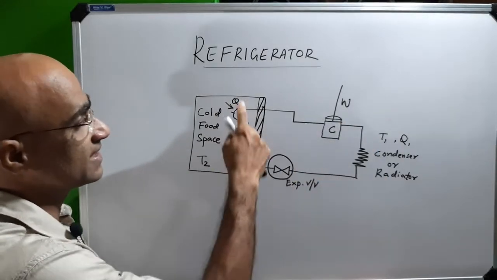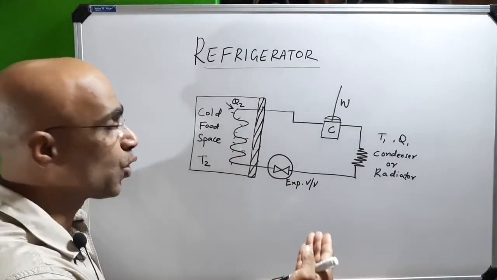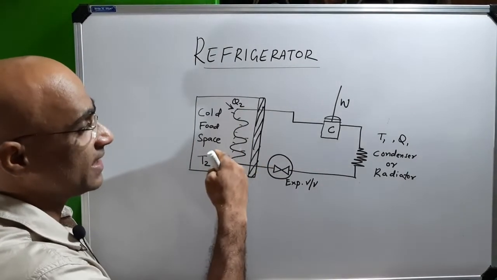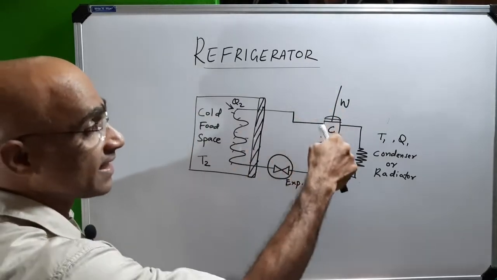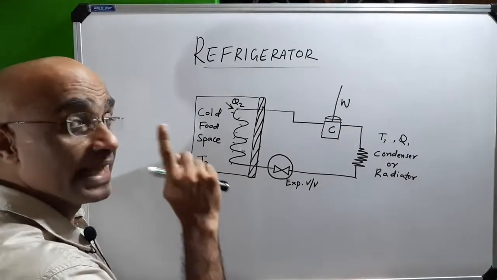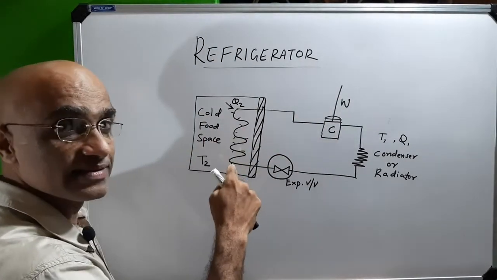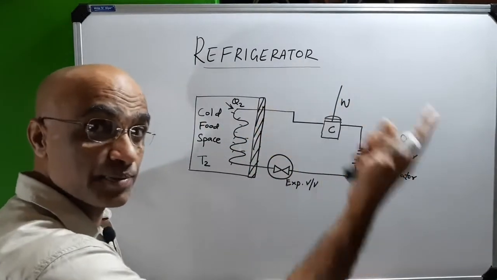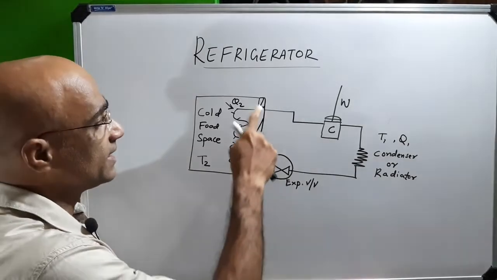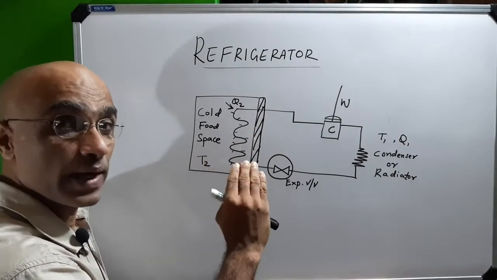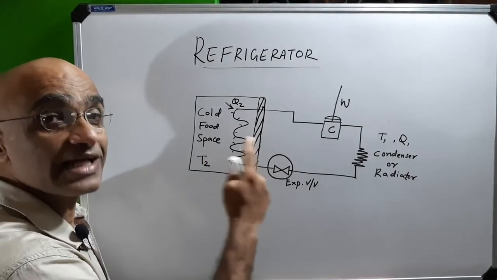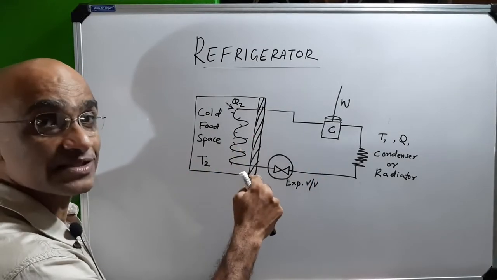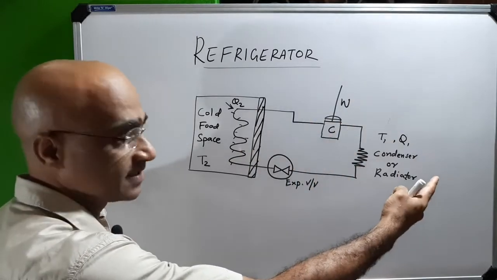In the process, this cold food space is cooled again and again, and thereby work is done by the compressor in moving the warmth from this cold food space into a region of high temperature. The heat transfer is against the natural flow of heat from this cold food space to the warm outside.